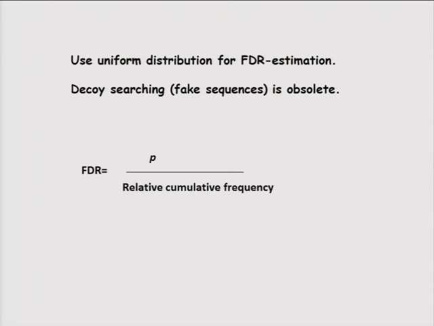So basically we say that if we use that, we don't need the decoy searching. That is obsolete. So we just compute the FDR as the ratio between the p-value and the relative cumulative frequency up to the p-value when we search the real sequences.